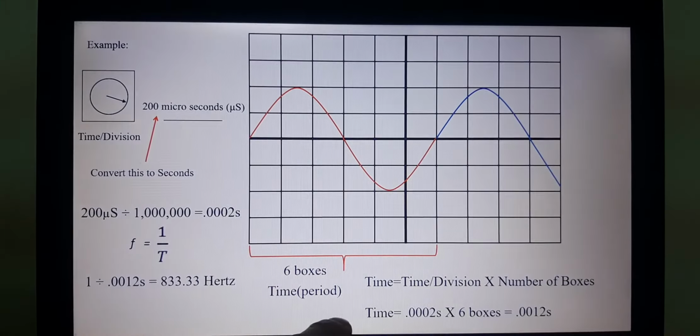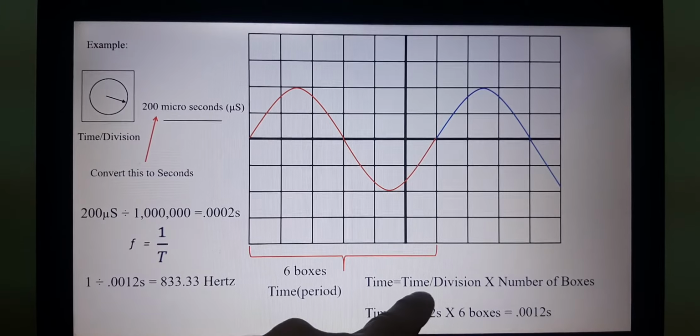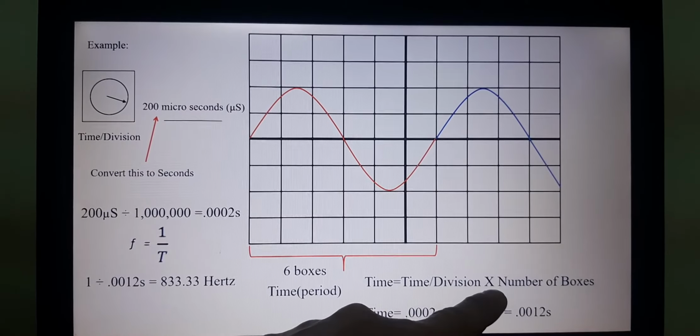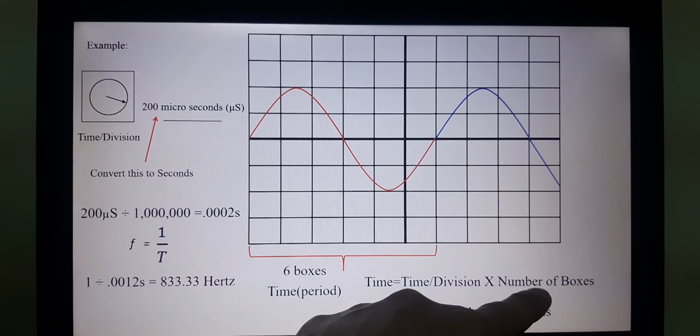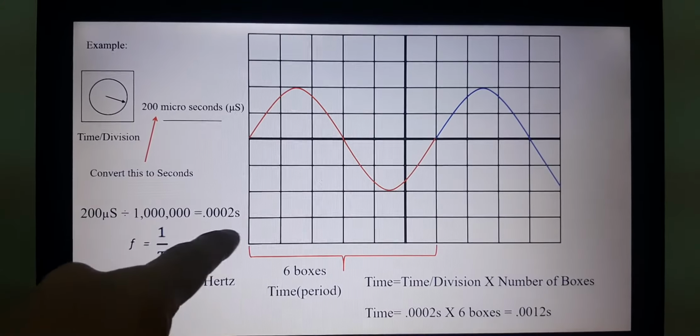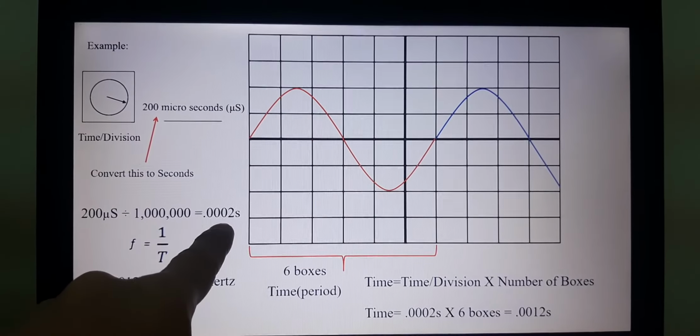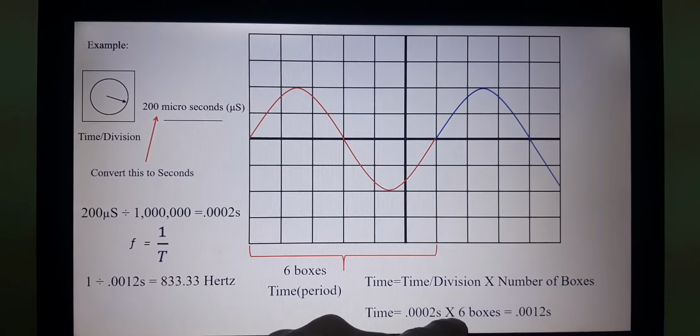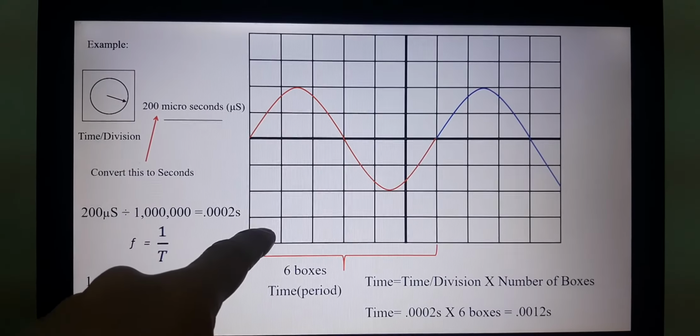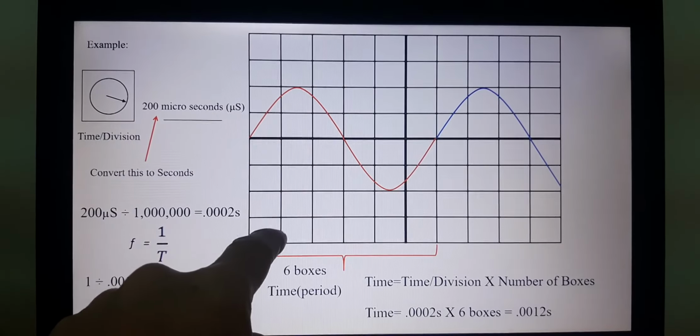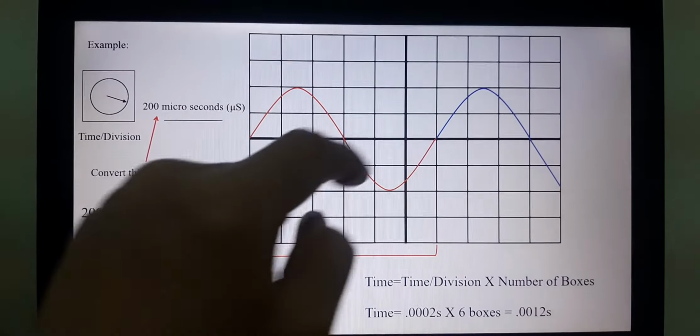To compute for the time, again, time is equal to time per division multiplied by the number of boxes. In this case, we have 0.0002 second times 6 boxes, or 6 divisions: 1, 2, 3, 4, 5, 6.